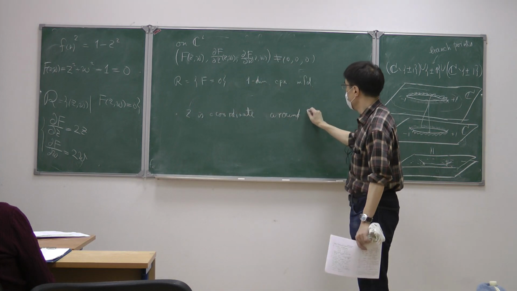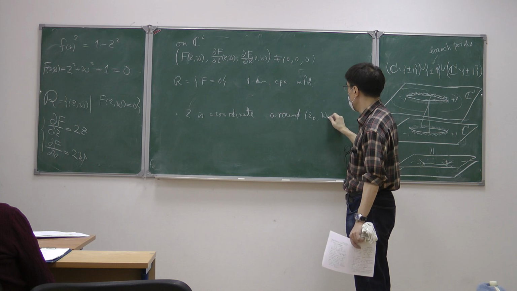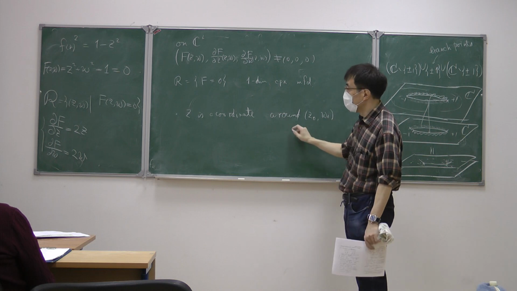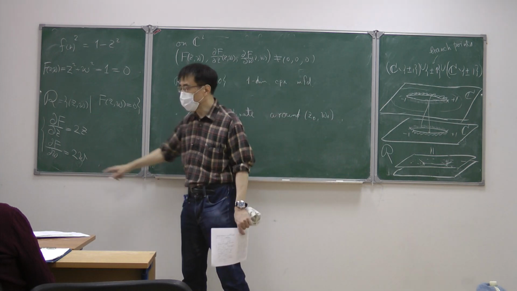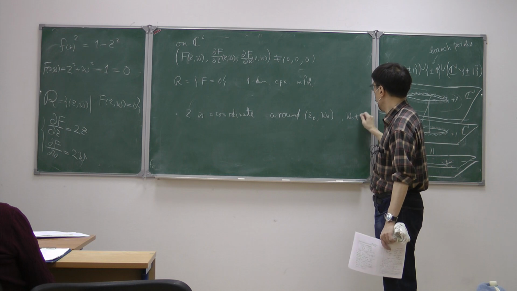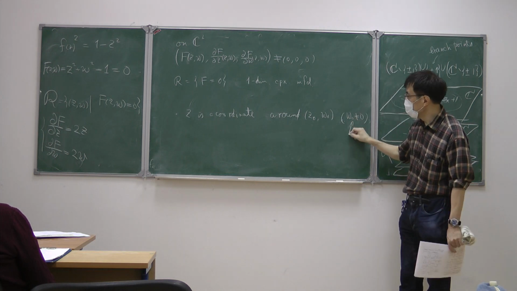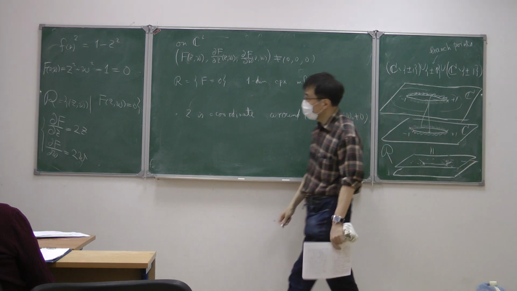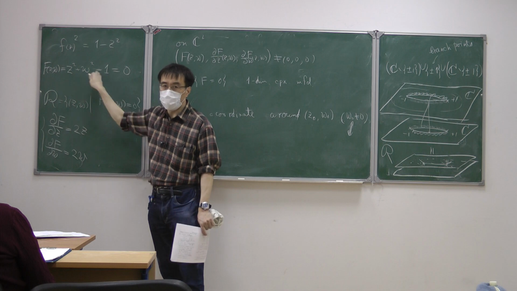Namely, around a point such that w does not vanish. When w is 0, z is equal to +1 or -1.